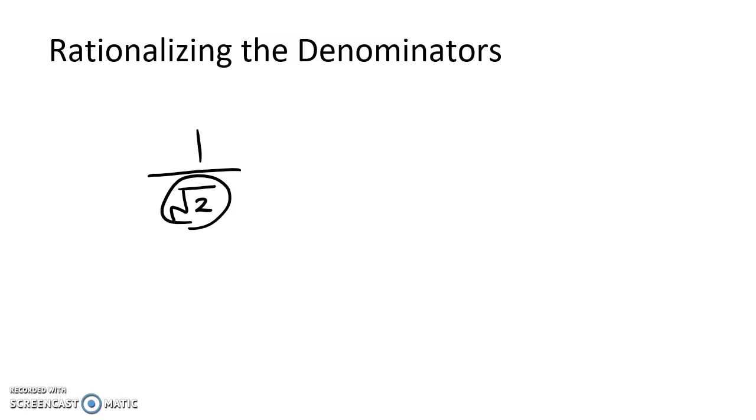If your denominator is just a radical expression with one term, usually what we'll do is multiply the top and the bottom by that radical expression. So here we'll multiply the top and the bottom by square root of 2. How would that help us? Because square root of 2 times square root of 2 is square root of 2 squared, which is 2.